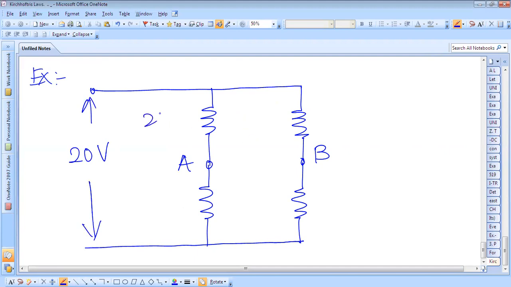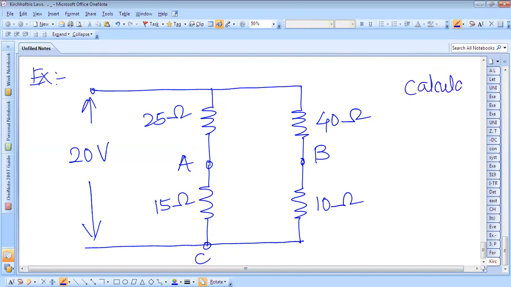This is 25 ohm, 40 ohm, 15 ohm, 10 ohm, and this is actually the C. So I have to calculate VAB. We have to calculate VAB.